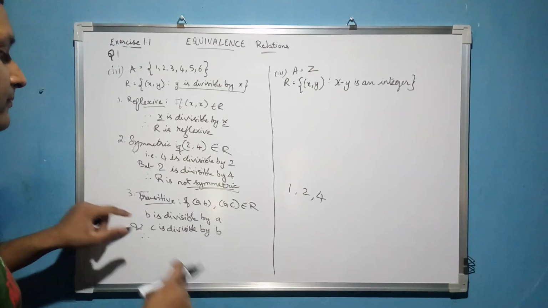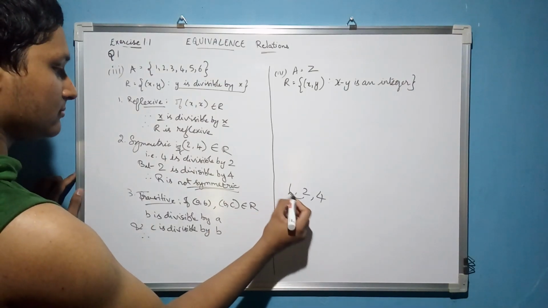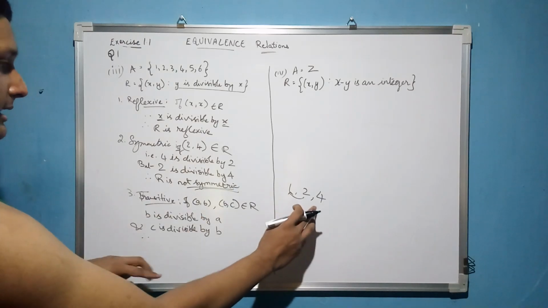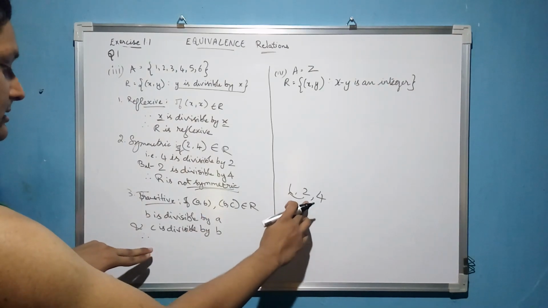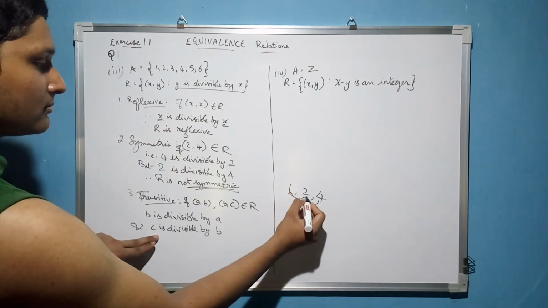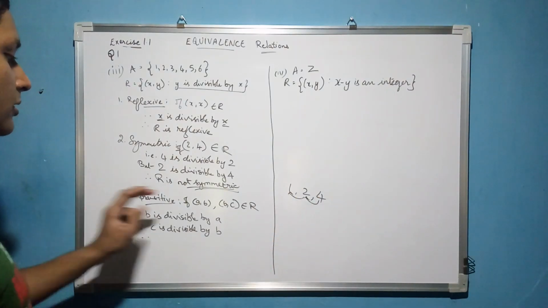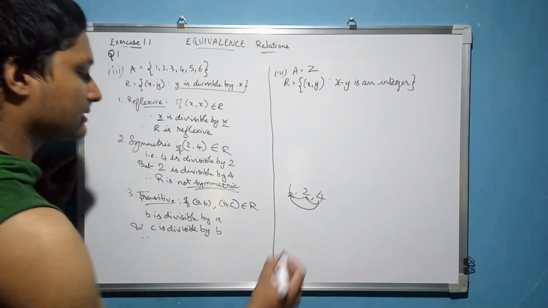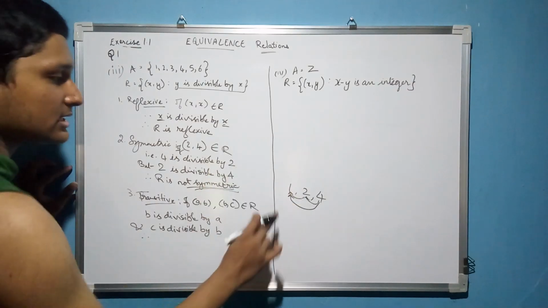So 2 is divisible by 1, that is true. That is b is divisible by a. Let me take this as c and this is b now. Now 4 is divisible by 2. That also I know. Now what will be the a comma c term? That is 4 comma 1. That is 4 is divisible by 1.